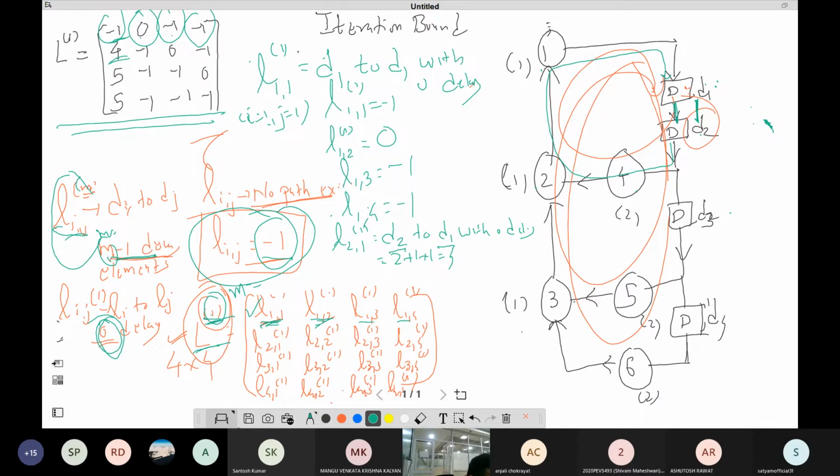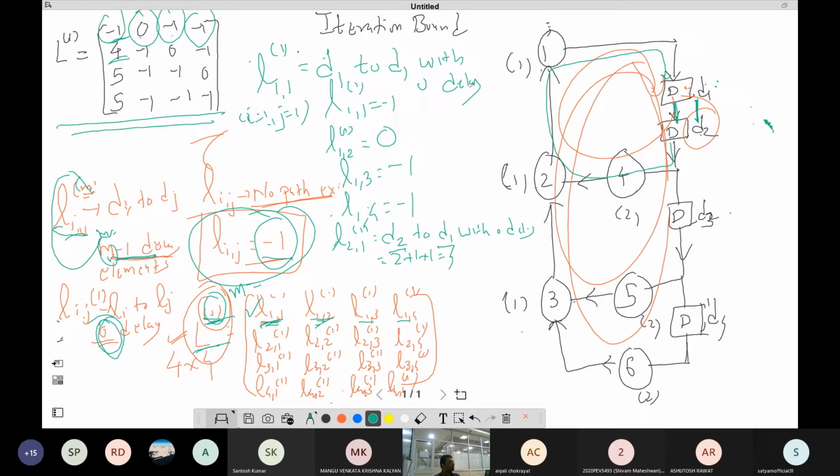So I will give you 5 minutes to complete the remaining. I believe in total you have 11 elements remaining. In the L2 matrix, if there is an element L13, you have to go from 1 to 3 with one delay element.